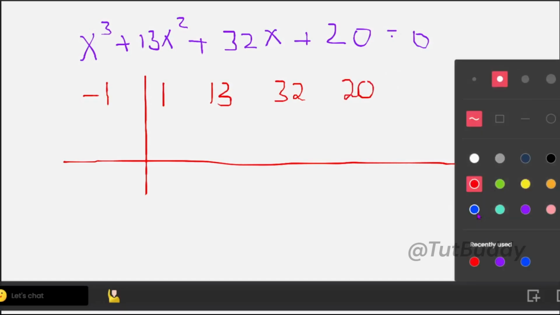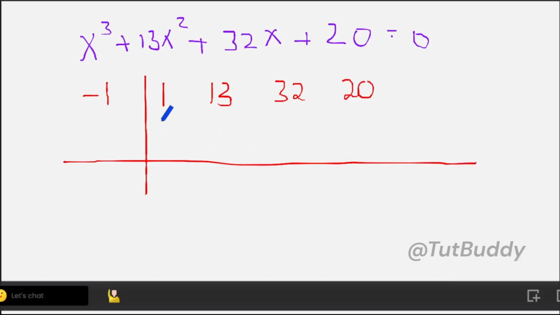Now, see, the first number you'll carry down as it is. Like this 1, I'll carry down as it is. Now I'll multiply diagonally. So if I'm multiplying minus 1 times 1, I'm getting minus 1. Not this way, I'll add normally.